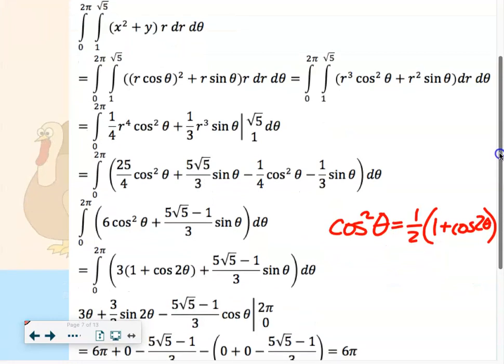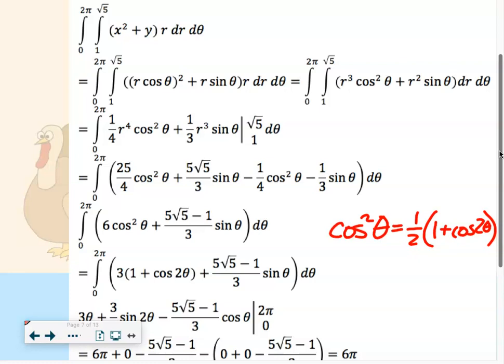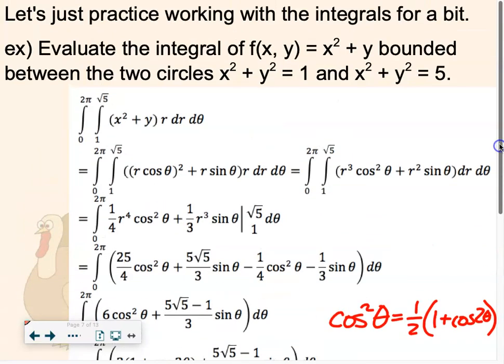It would have been about the same level of difficulty because you're still going to have to integrate squared trig terms anyway. But the reason that we switched it was for no reason other than the fact that since all 4 of your limits were constants, you could go in either order you want.